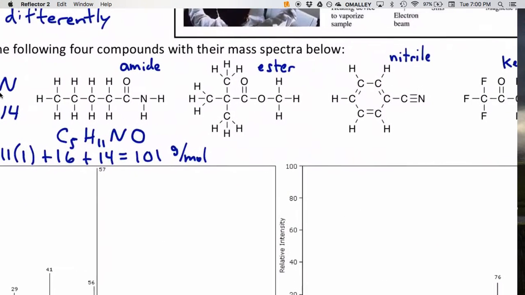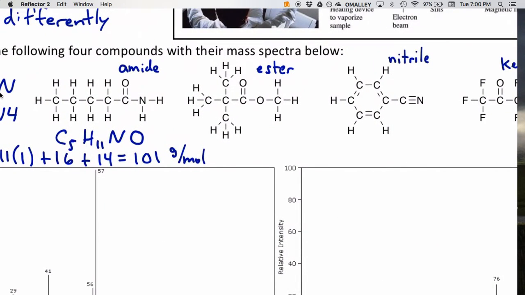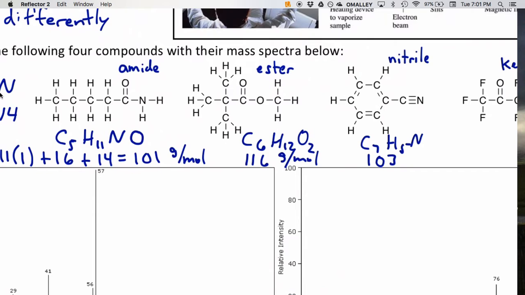Okay, so if you figured out the molecular formulas and the molar masses, the second one, the ester, has a formula of C6H12O2, and its molar mass is 116 grams per mole. The nitrile is C7H5N, and its molar mass is 103 grams per mole.